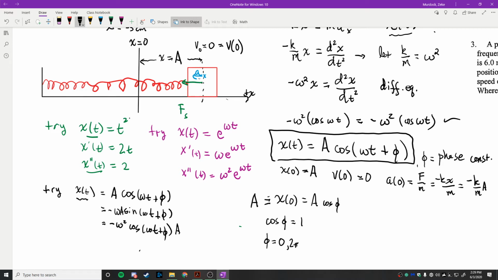What about velocity? How can we ensure that this one works? How do we figure out how we know for sure that the velocity is 0? What do we know about the velocity?